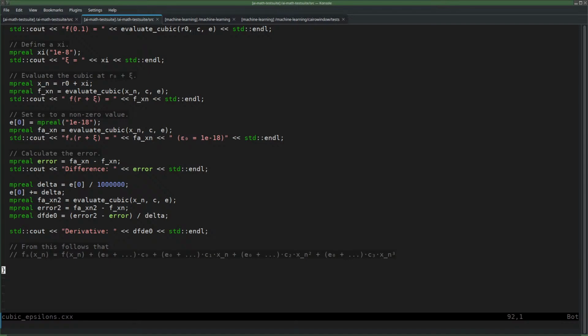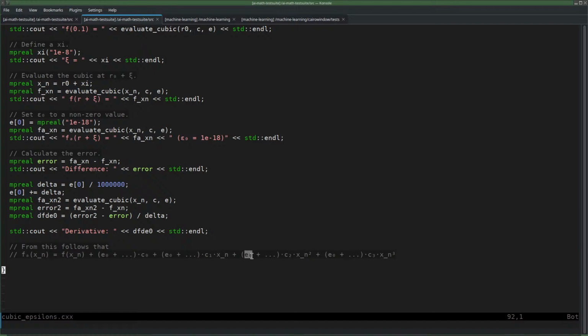So I have to take the partial derivative twice. First the partial derivative with respect to C2, and then the partial derivative with respect to epsilon 0. If you do that, then we should get this xn squared, where xn is 0.1, so we get 0.01.